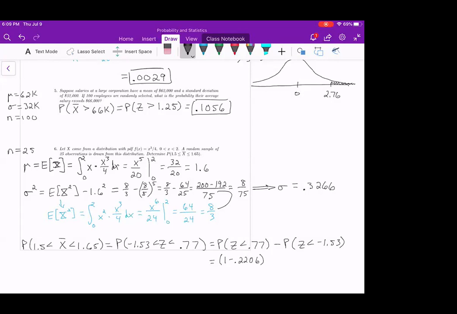Tony, I'm not sure if you saw that, but that's a manipulation that you'd have to make. The area to the left of negative 1.53, you get directly from the table to be 0.0630. And then when you actually calculate this, you get 0.7164.